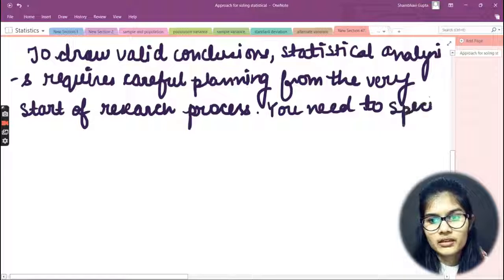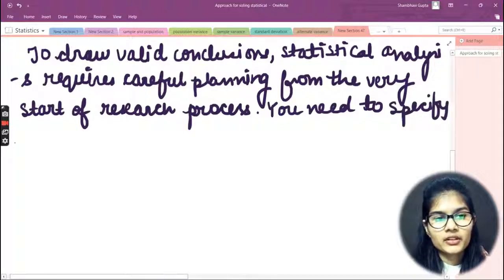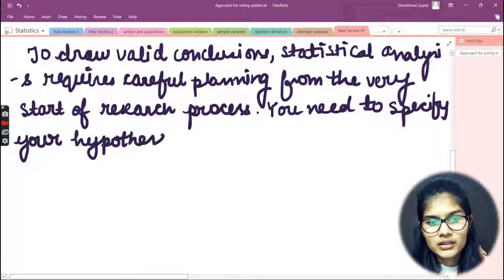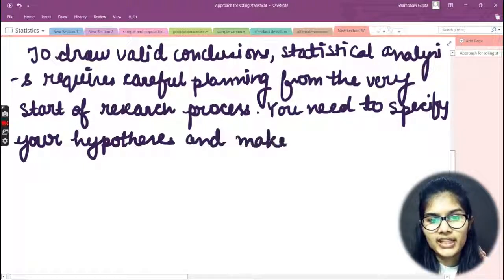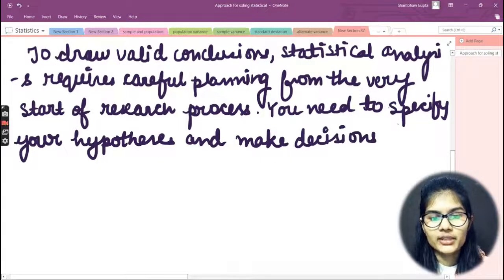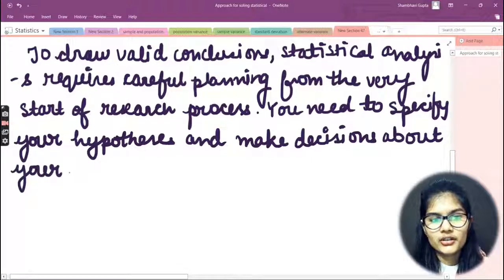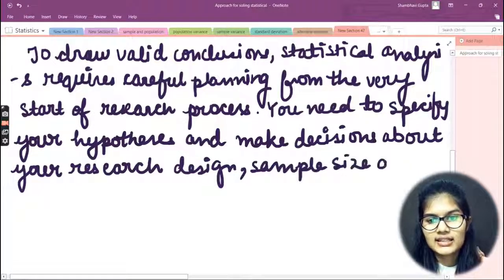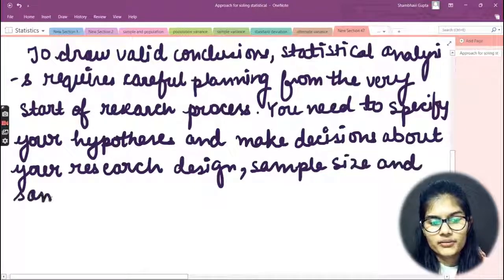There you need to specify your hypothesis and make decisions about your research design, sample size, and sampling procedure.